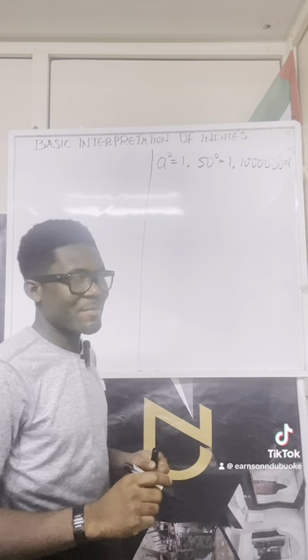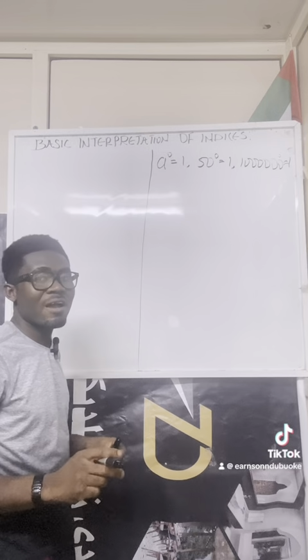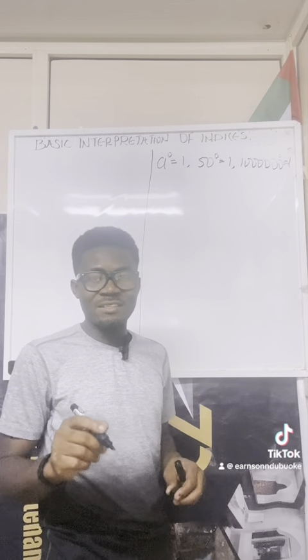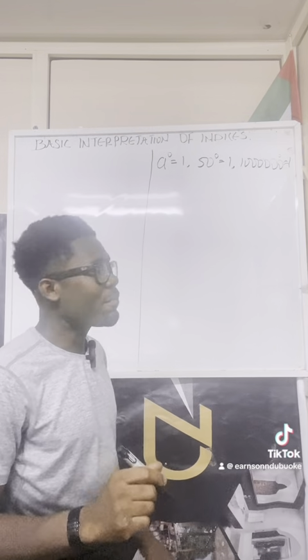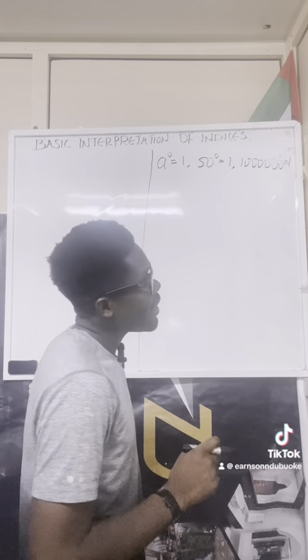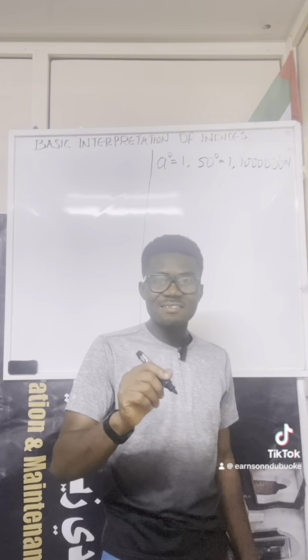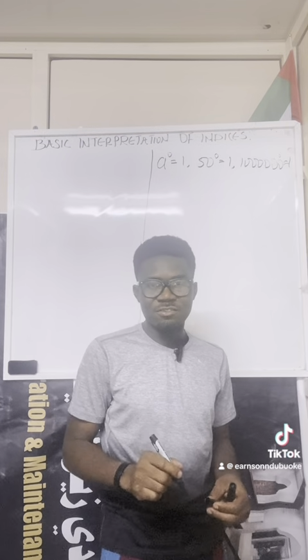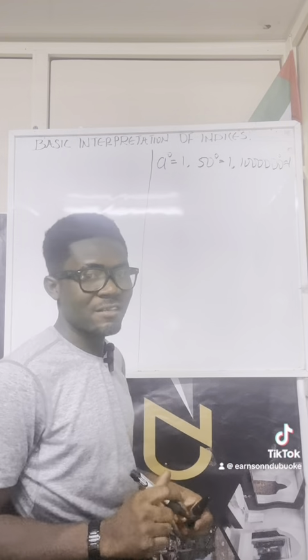Number 2 basic interpretation of indices: we also have numbers with negative power. We say that a number with a negative power can be written as the reciprocal of the result when the negative sign is removed.